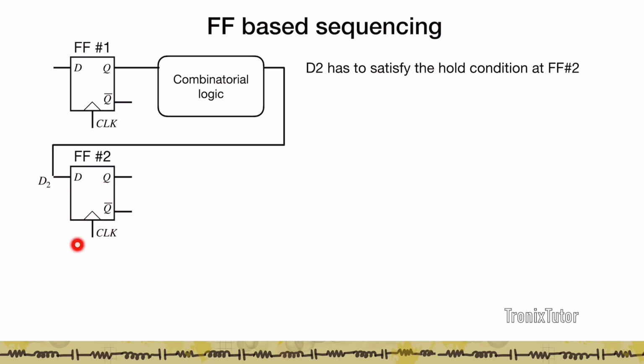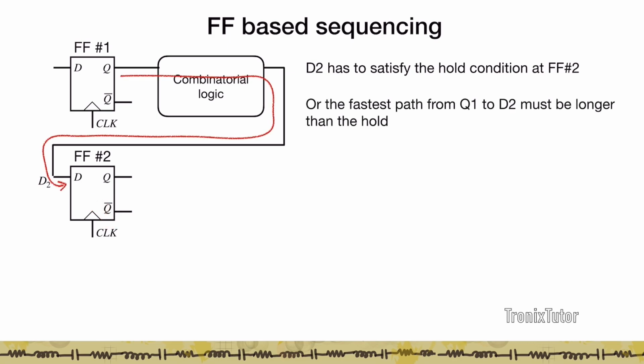What I mean by that is once the clock edge has come, D2 has to remain stable for a hold time after the clock, which means that this path from Q1 to D2 cannot be too fast, right? Because we don't want D2 to change before the hold time of this flip-flop is satisfied. So if we look at this path, the fastest path from Q1 to D2 must be longer than the hold time of the second flip-flop.